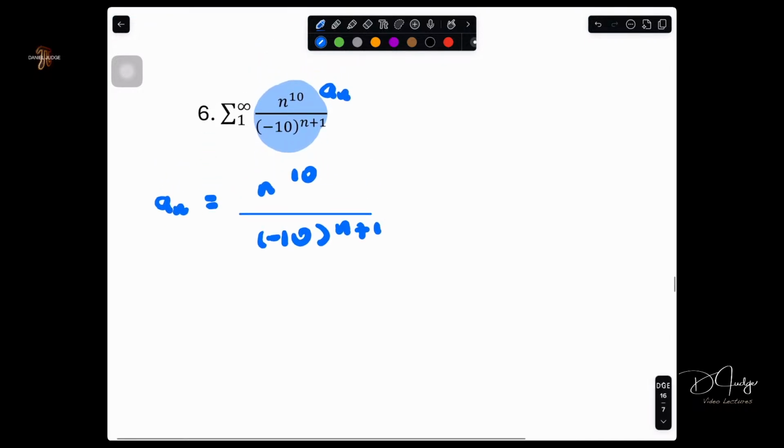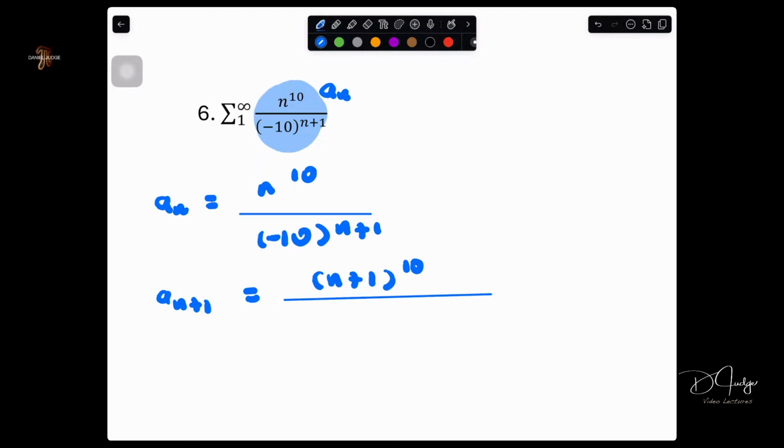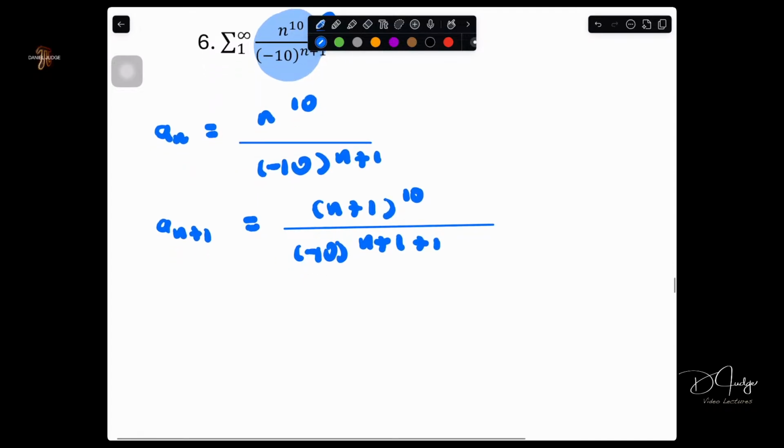So looking at the next term, replace n with n plus 1, we'll get n plus 1 here.